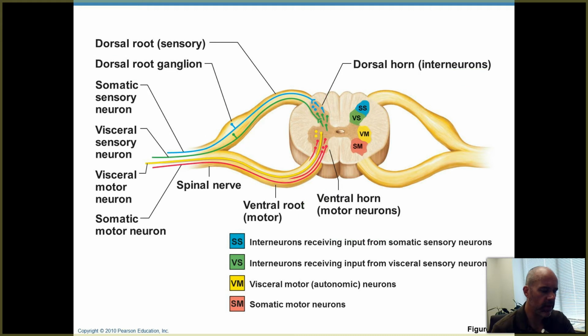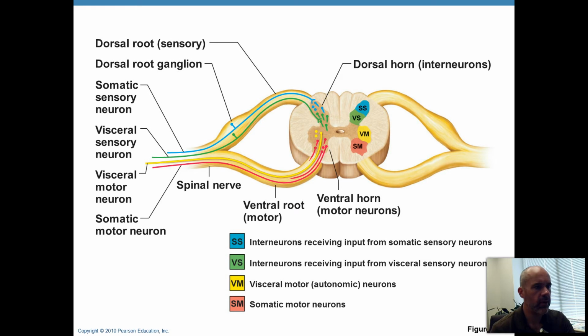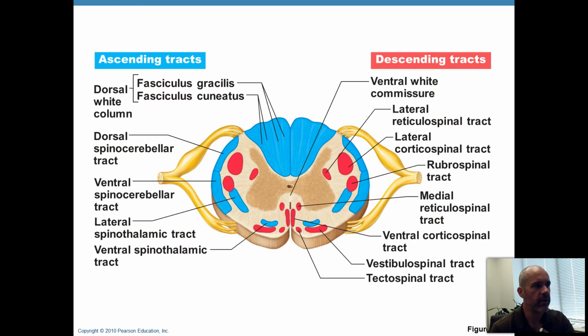All right, so we'll erase all that. So that's just giving you a little bit more of an illustration of the networking that's going on within the spinal cord. And again, that is a transverse section, a cross section there, so you're seeing a little sliver of the spinal cord.